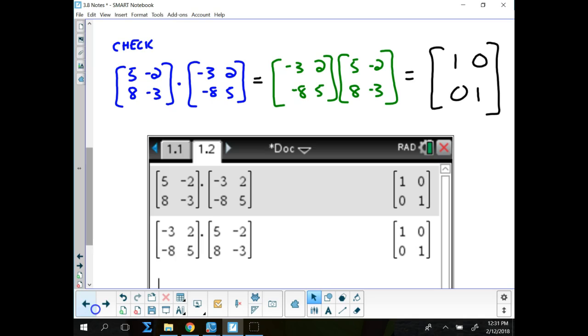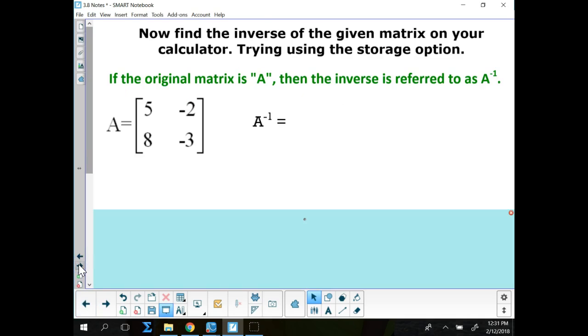Now, let's find the inverse using our calculator. Okay? There's 2 ways that you can do this on your calculator.